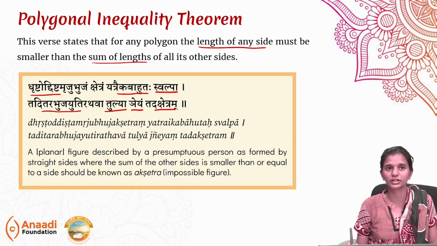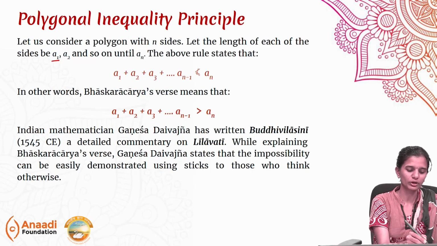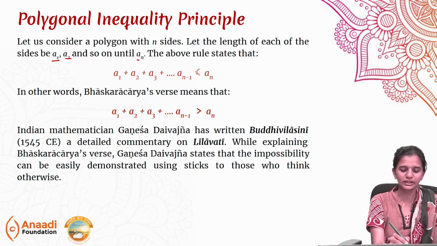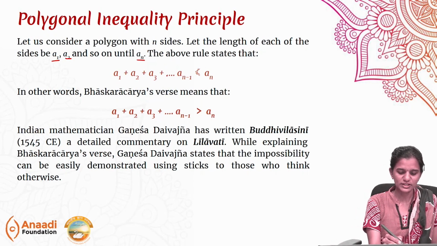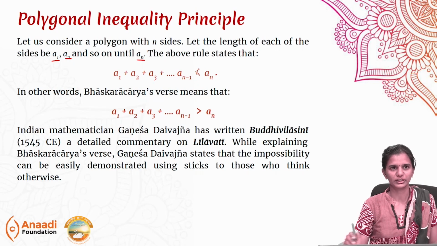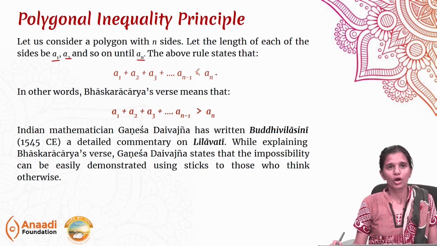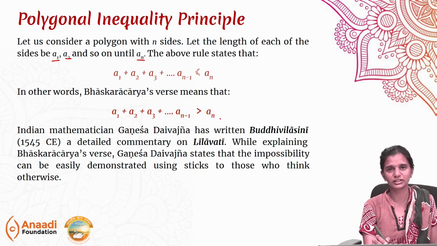That is akshetram. Let us consider a polygon with n sides. Let the length of each of the sides be a1, a2 and so on until an. The rule that we learn states that a1 plus a2 plus a3 till an minus 1 cannot be less than or equal to an. That is, the sum of all the other sides must be greater than any given side.